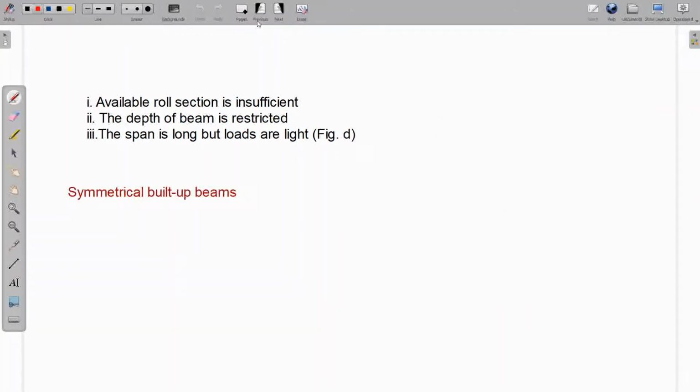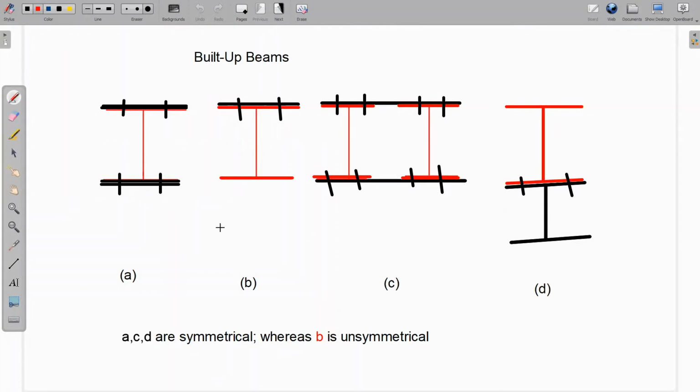If we look at any figure, suppose in this one, if I want to solve this problem, I have to know what the I section is here and what its moment of inertia is. If I go to the steel table, I will find its moment of inertia about the central axis. Let's say this is IR. The area of this cover plate is AP, approximately.